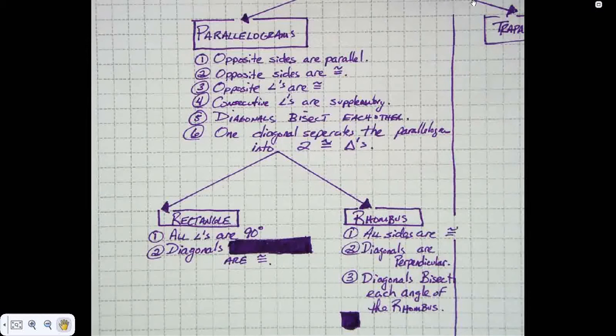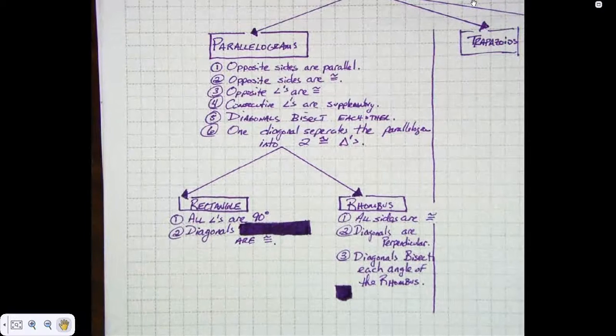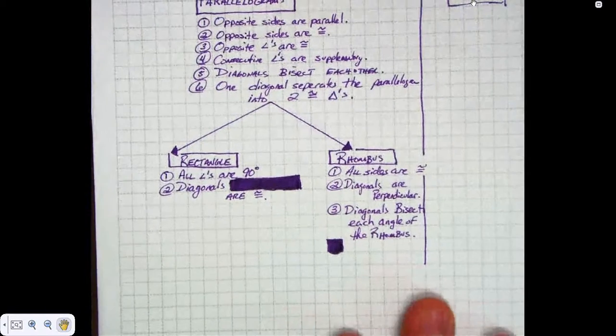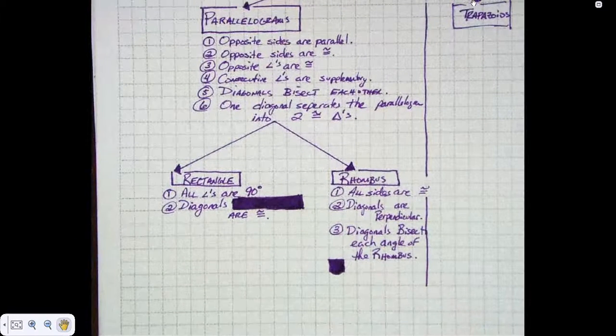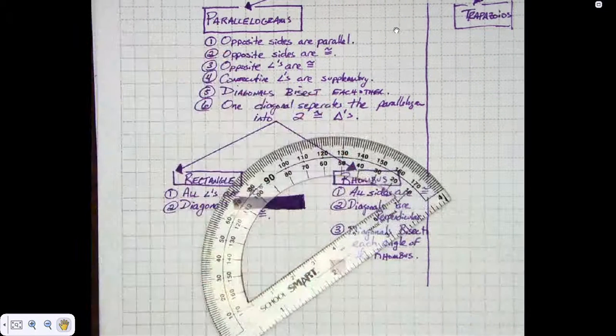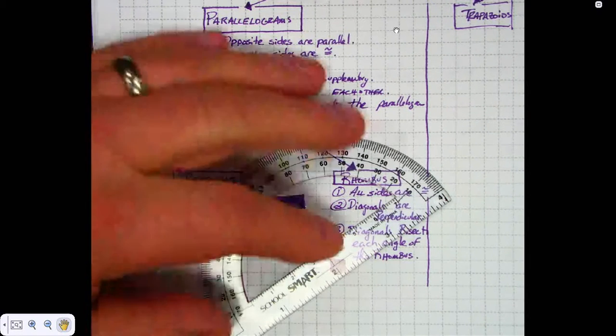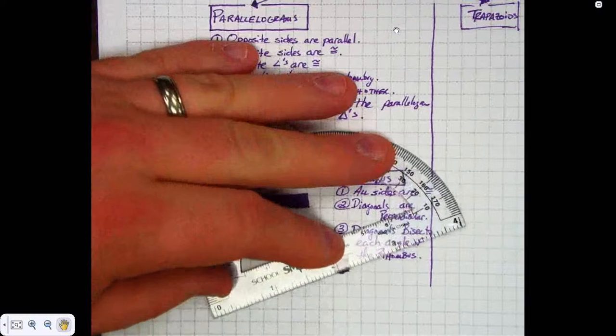Now, what do you think the purpose of this flow chart is? Well, the purpose is to realize that everything that something is connected to, if you're moving up, like for instance, how many things are true about a rhombus?